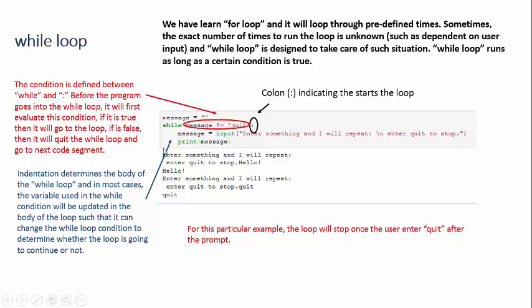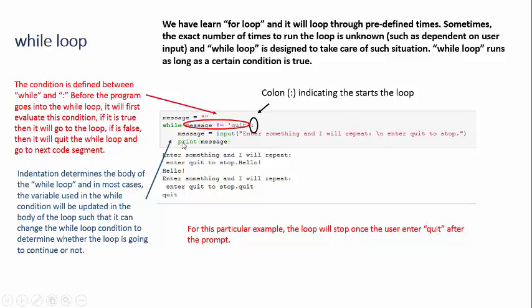Once we finish the body, the while loop goes back to the beginning and evaluates whether the message is not equal to quit. Because I entered hello, the message hello is not equal to quit, so this condition is true and the while loop body runs one more time. In the second pass, I entered QUIT.